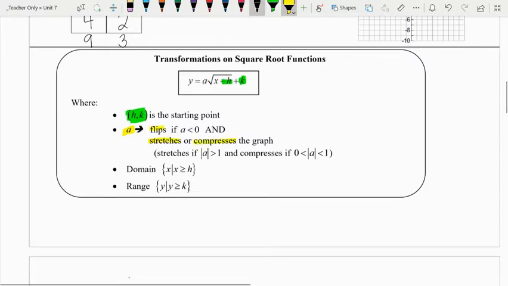So the whole flipping is actually reflecting. Okay, but remember, if it's a bigger number, it's stretching. If it's a fraction between 0 and 1, it would be compressing or condensing, either way you want to say it. Domain pretty much always is going to be x is greater than or equal to h, and range is going to be greater than or equal to k.